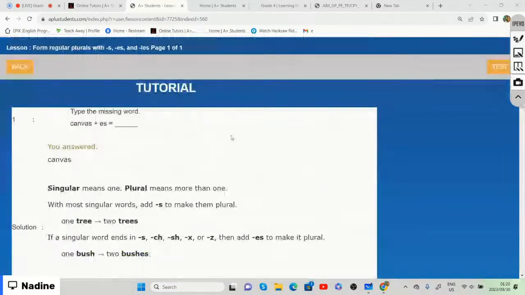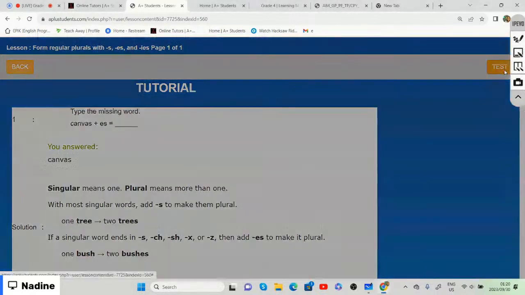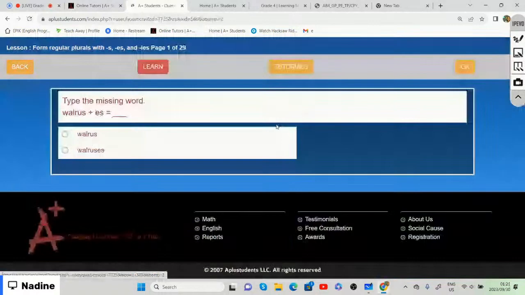All right, so what we're going to do is form regular plurals with s, es, and ies. And we're first going to complete a test. We need to type the missing word.